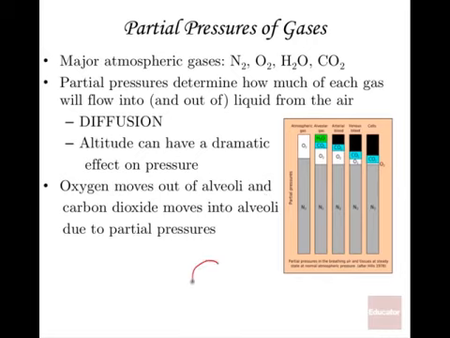If this is an alveolar bundle, and here's the capillary going right next to it, and here's another capillary going right next to it, CO2 pressure is going to be lower in the alveolus than it is in the capillary. In the capillary, CO2 pressure is greater because CO2 is that waste product you get from the cells doing aerobic respiration.